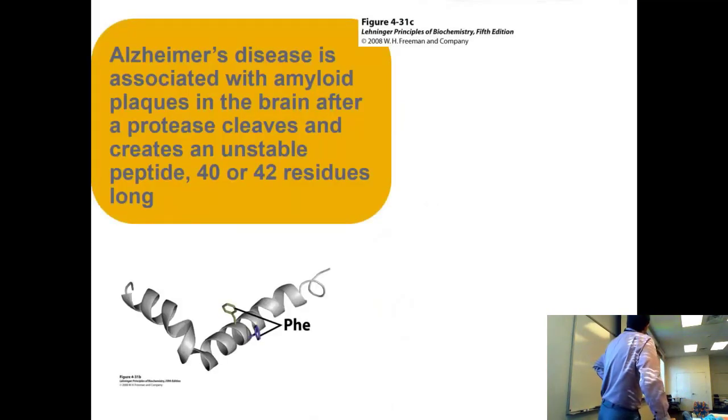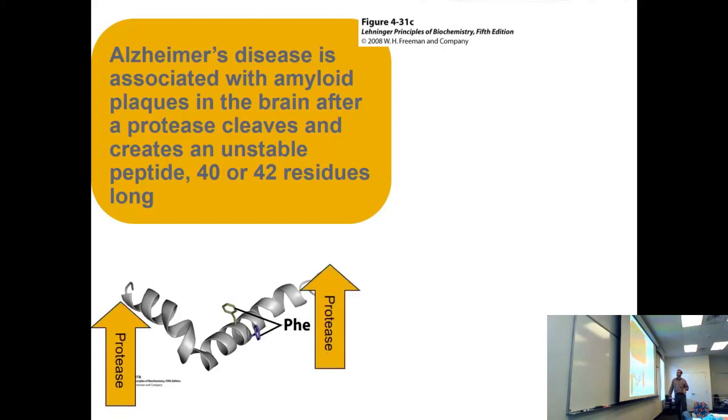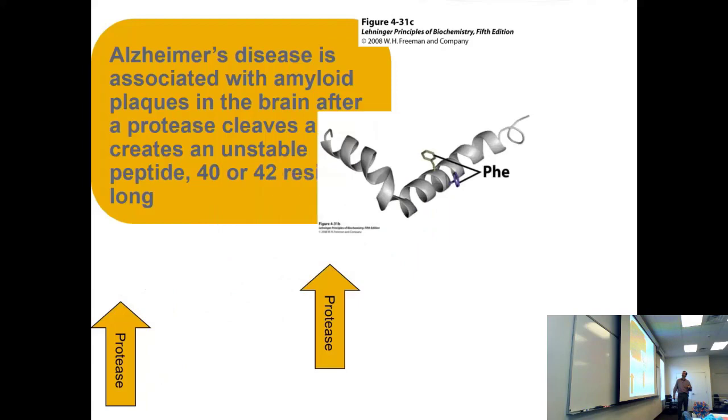So Alzheimer's, this is from your book, and this is low resolution. But Alzheimer's forms from a 40 or 42 residue fragment of a protein. And it turns out that this fragment self-associates. The fragment starts off as alpha helical, but then the protease is trying to clean it out and clipping it up like that.